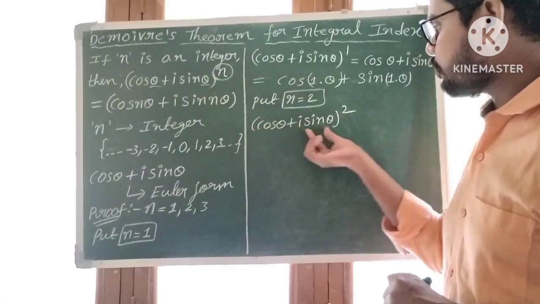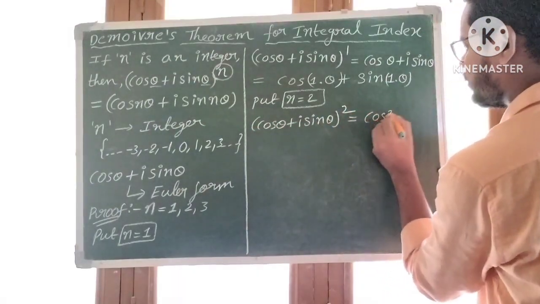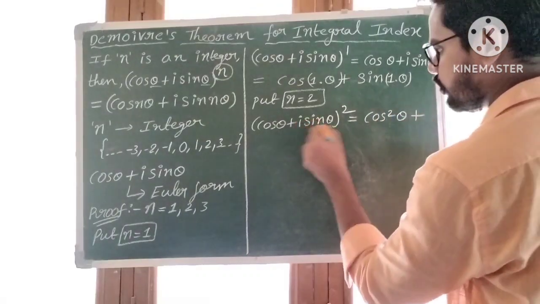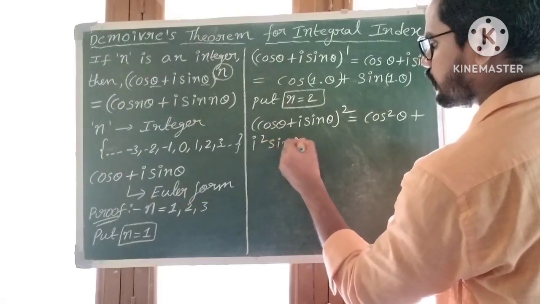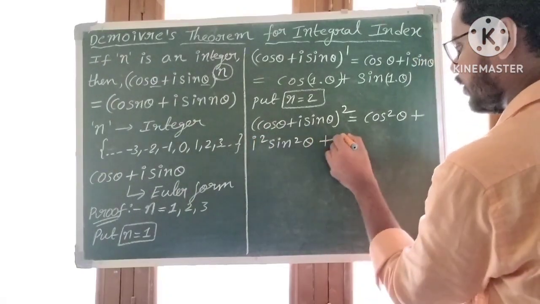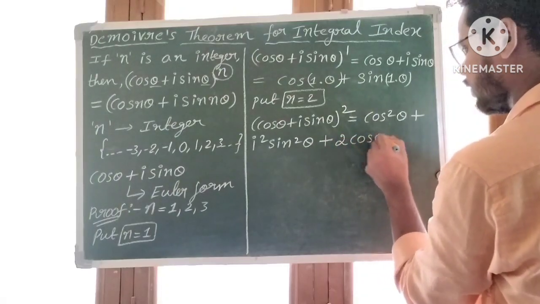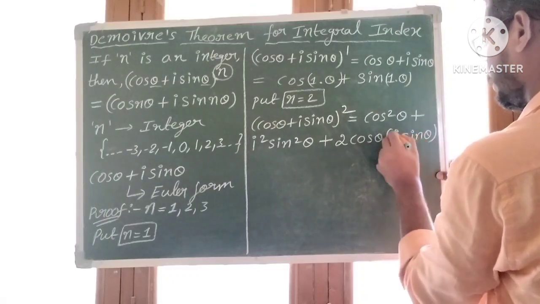It's like (a plus b) whole square. A square is cos square theta, plus b square is i square sin square theta, plus 2ab, that is 2 into a value cos theta and b value i sin theta.